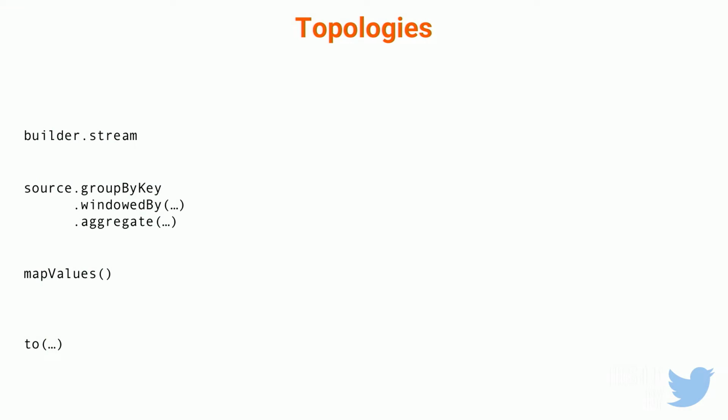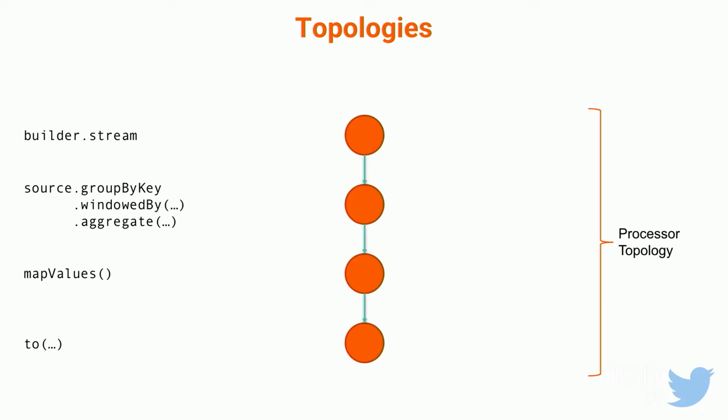Okay, cool. So we're calling this builder.build, and now we want to look into the engine room, how this is actually executed. So this program consists of three main parts. We have the builder.stream, then we have the groupBy, window, aggregate, mapValues, and to. And internally, everything is represented as a DAG of operators, what we call a processor topology.